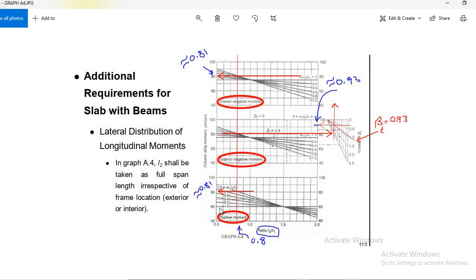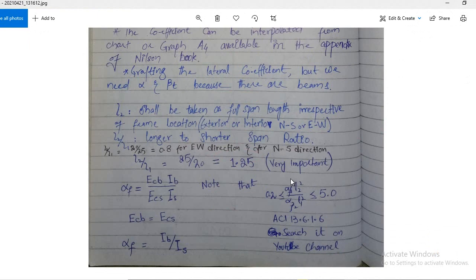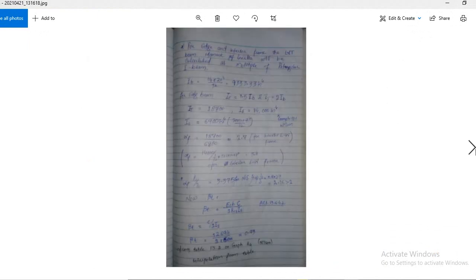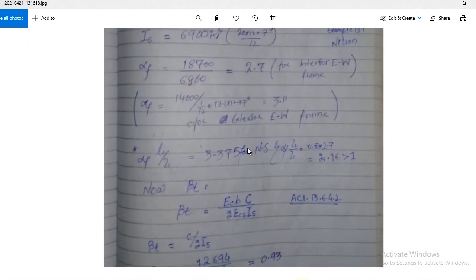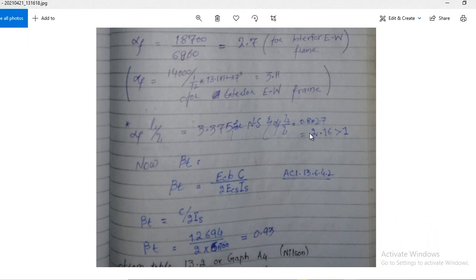Now if you are picking your positive moment coefficient, here we have these inclined lines. These inclined lines basically denote the alpha f L2 by L1 ratio. We already calculated this ratio, here we see, this one, not the north-south direction, we have this case.